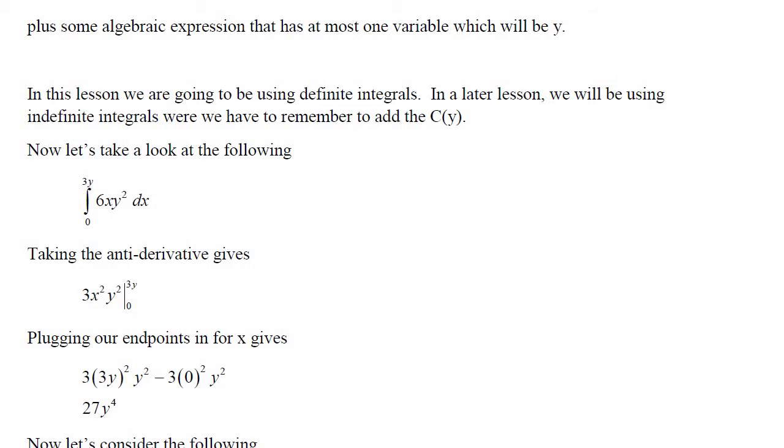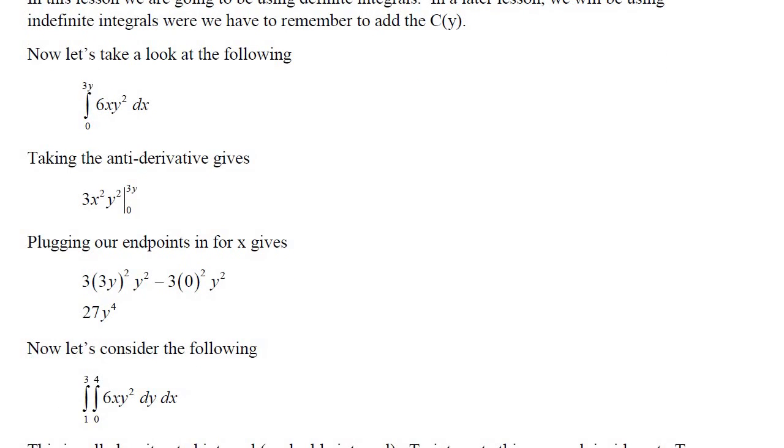So plugging in our endpoints, that ends up giving me 3 times (3y) squared, and then times another y squared, minus 3 times 0 squared times y squared, which ends up giving us 27y to the fourth. So we took the antiderivative with respect to x, and then we plugged in those endpoints.